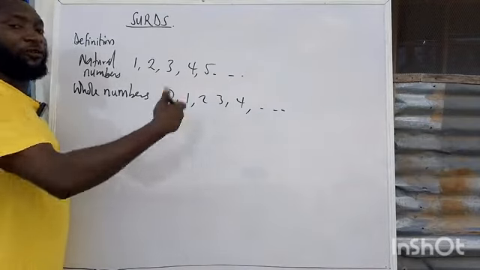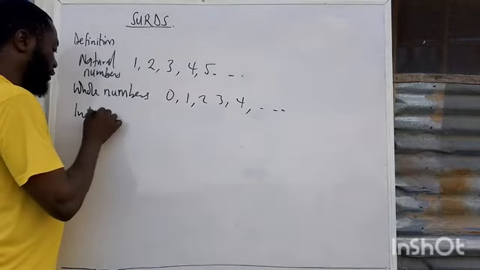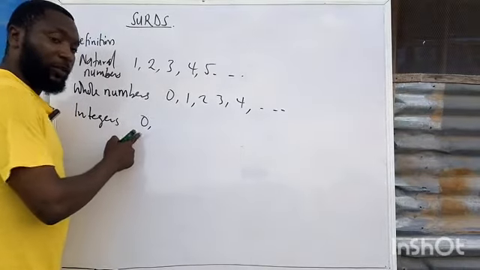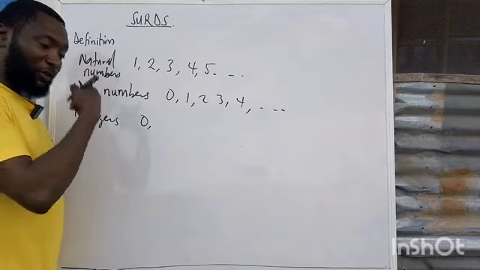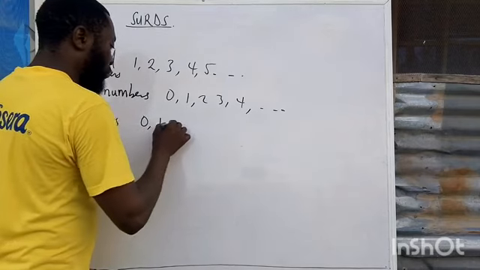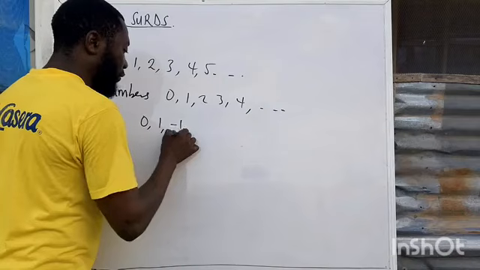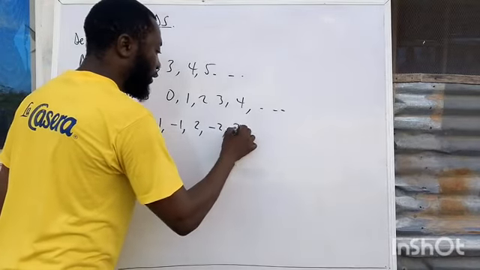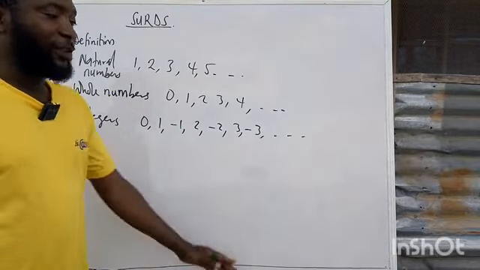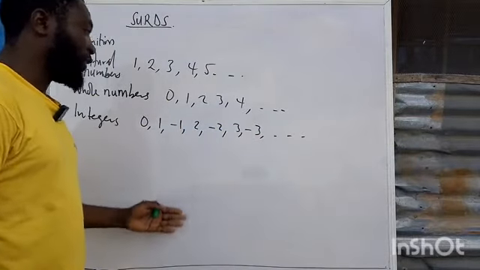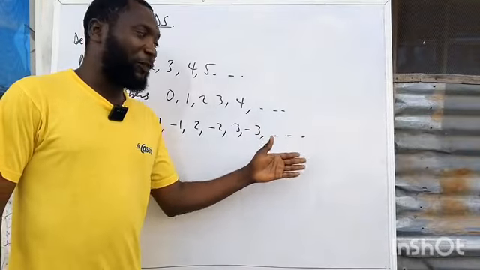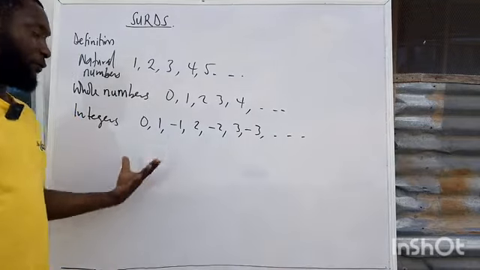Once I include the negative part, it becomes integers. 0 is neutral, neither positive nor negative. So you have 1, -1, 2, -2, 3, -3, and this is how it continues. The highest is positive infinity, the least is negative infinity.